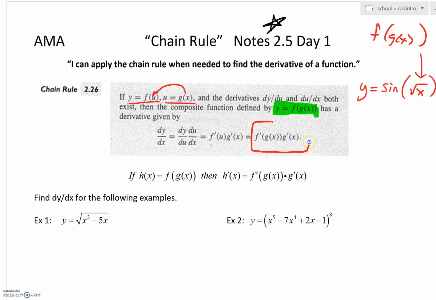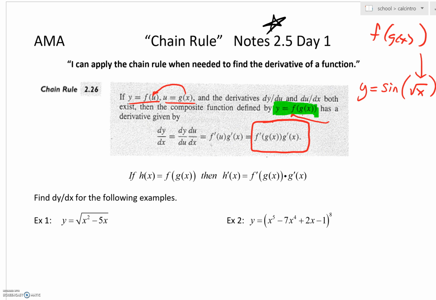Honestly, I think right now we want to pay attention to that red box that I just put over there. So what we're getting at is simply this. To take the derivative of f of g of x, we'll take the derivative of the outside function. We'll take the derivative of f, but we still have g plugged inside of it.